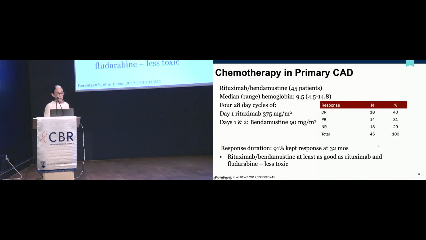Chemotherapy for CAD, again, bendamustine, rituximab, and you could see response rates are pretty good. About 40% get a CR, 30% get a PR. And it's durable, so it lasts for a while.